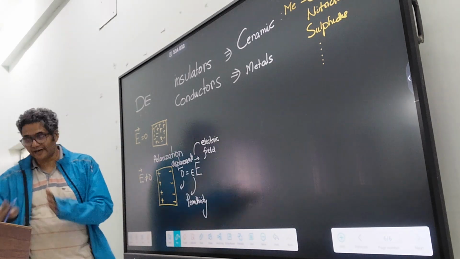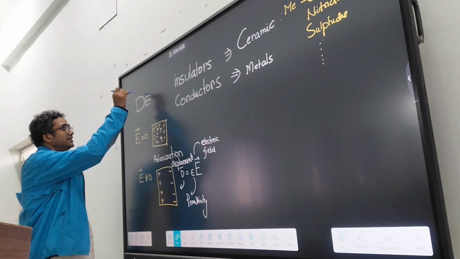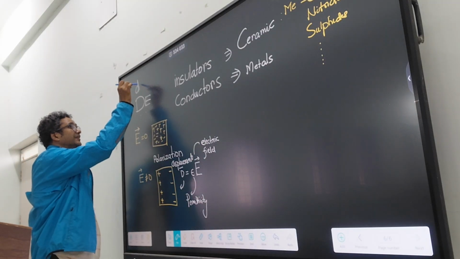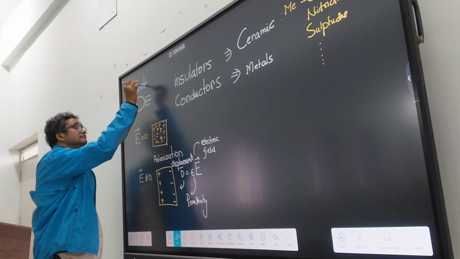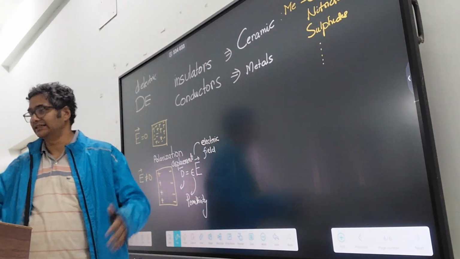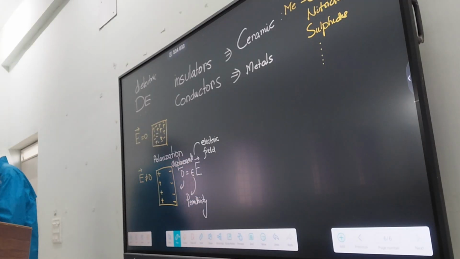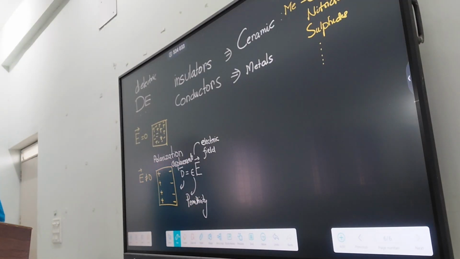So since it is dividing into two different parts, positive and negative, that is why this word dielectric is there. Separation into two parts, die. That is why all insulators normally are also called dielectric.